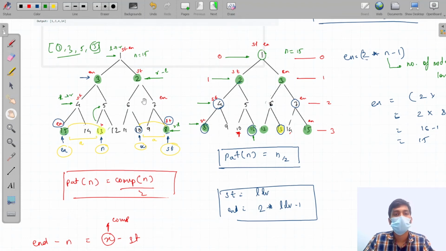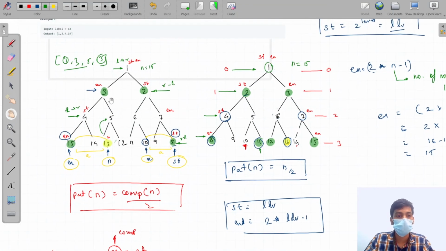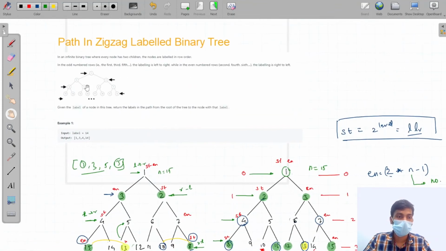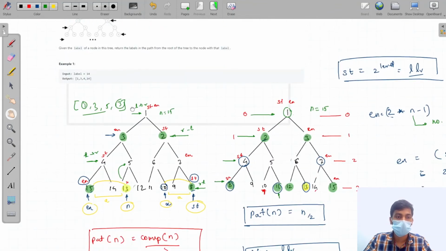In this particular tree, where the order at every even level was changing, that was from right to left, then left to right, right to left, left to right, that is in a zigzag way, as according to the given question.